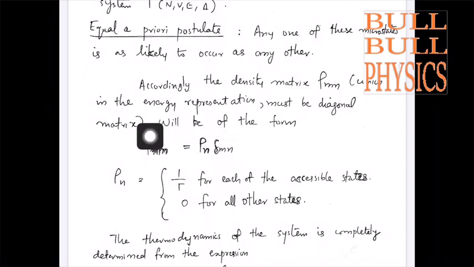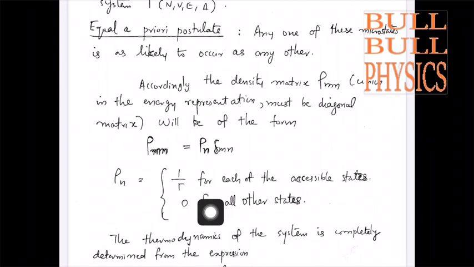When we put m equal to n in rho mn, we will have rho n, and this rho n is actually the ensemble average of the probability for the system to be in the state phi n of the orthonormal basis. So this rho n is 1 by gamma.